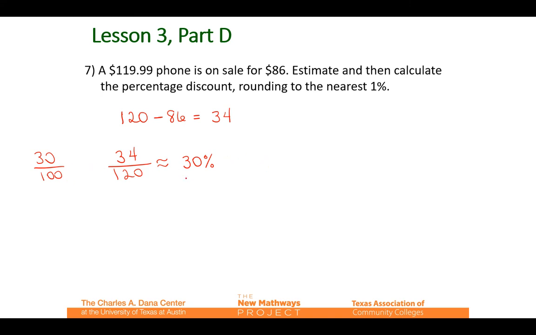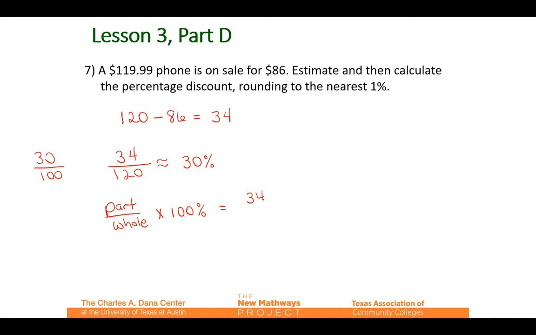If I want to do it exactly, again, remember, anytime we want to be exact, we put a part over a whole. And then if we want it to be a percent, we multiply by 100%.